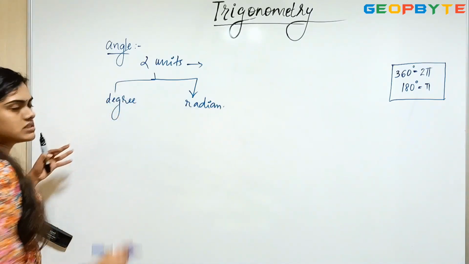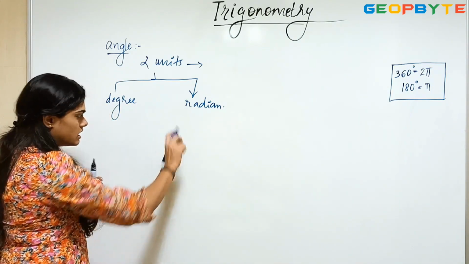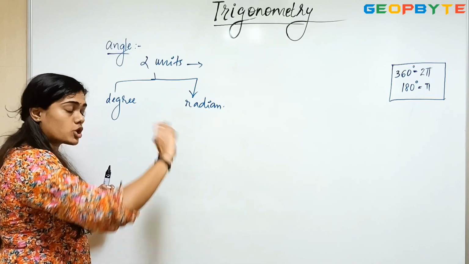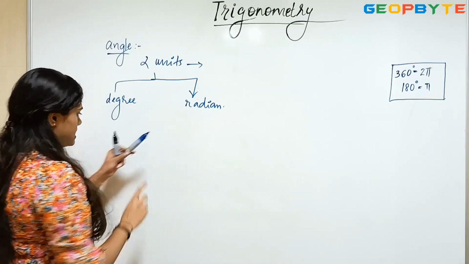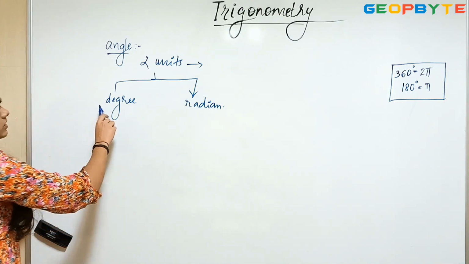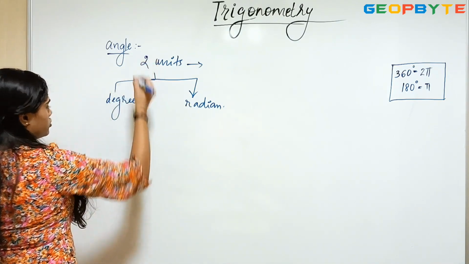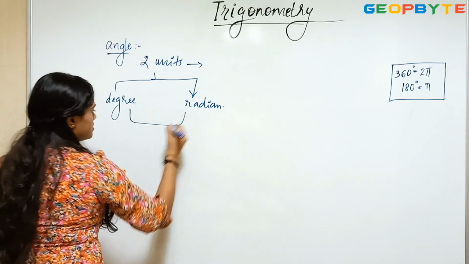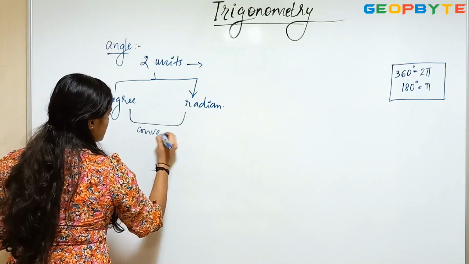We use these two units to measure our angle, like how many degrees it has rotated or how many radians my ray has rotated, and there is a conversion factor.